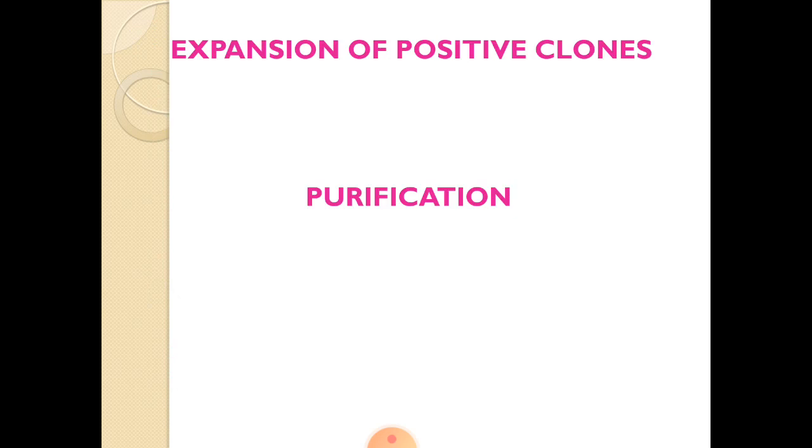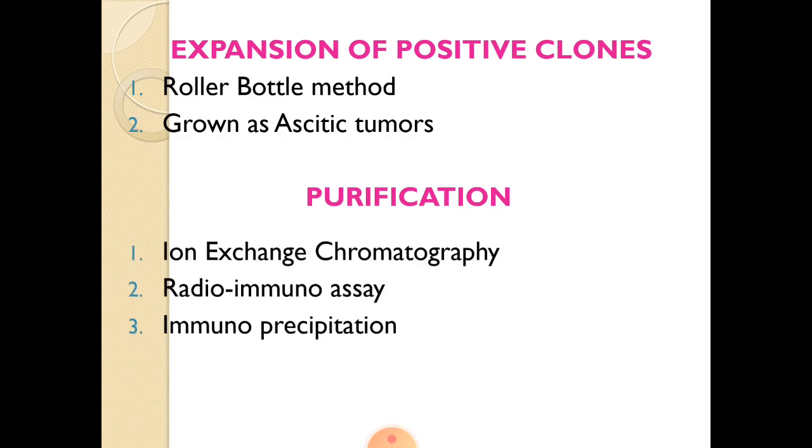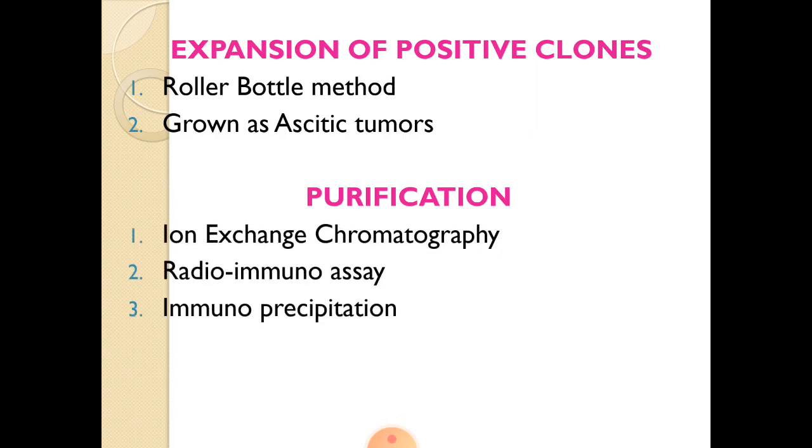Then, expansion of positive clones can be done by two methods, either by the roller bottle method or they may be grown as ascitic tumors. Then the purification of MABs can be done by ion exchange chromatography, immunoprecipitation, or similar methods.